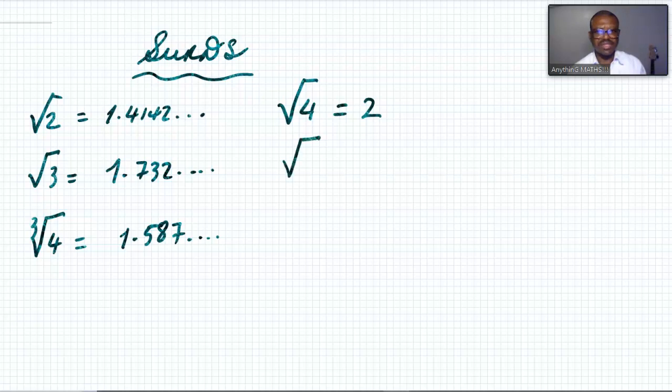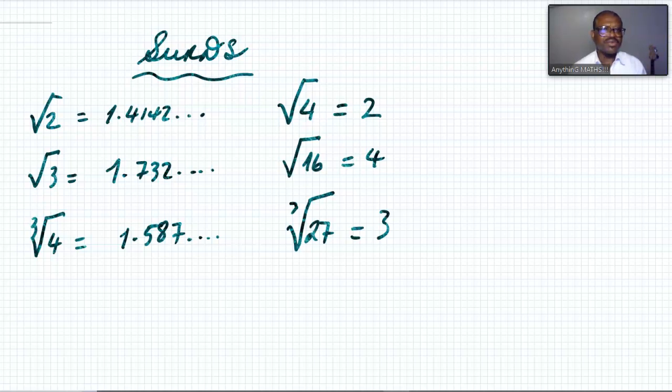The square root of 16 will give us 4, a whole number, so it is not a surd. The cubic root of 27 is 3, a whole number, so it is not a surd.